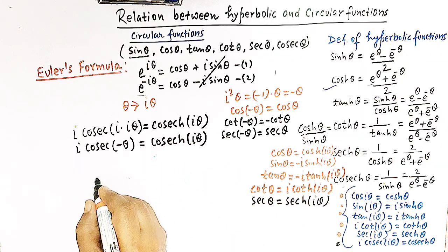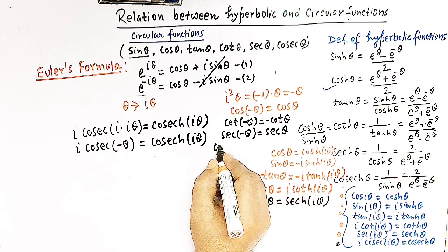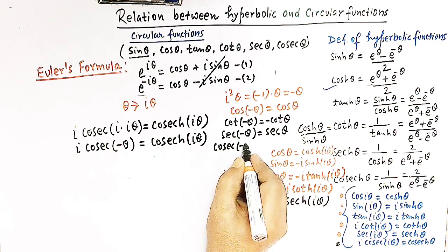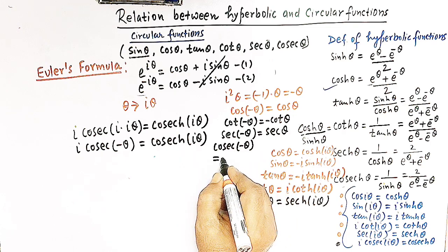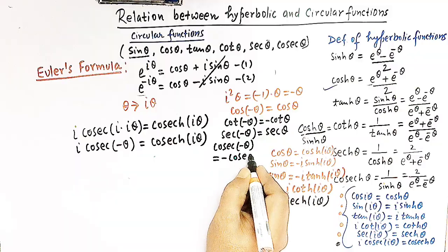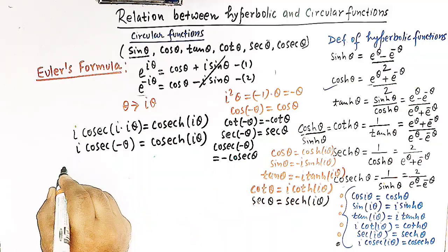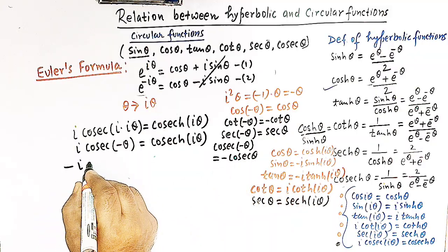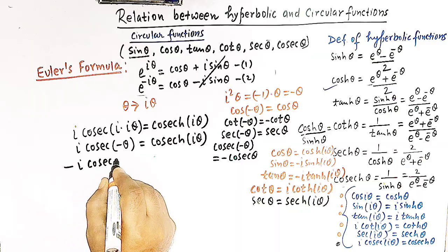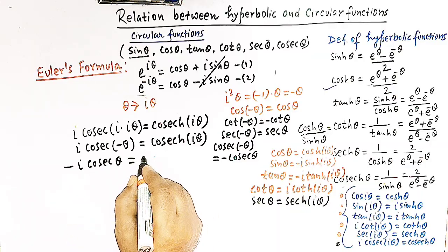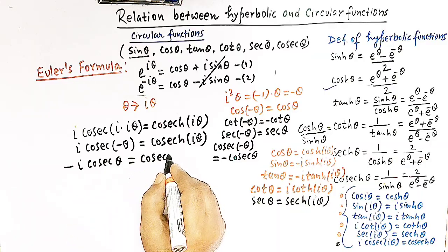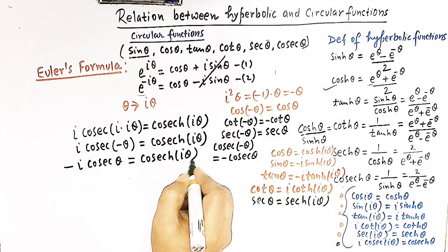Now from trigonometry we know that cosec of minus theta is equal to negative of cosec theta. So here we have minus i cosec theta, equal to csch(iθ).